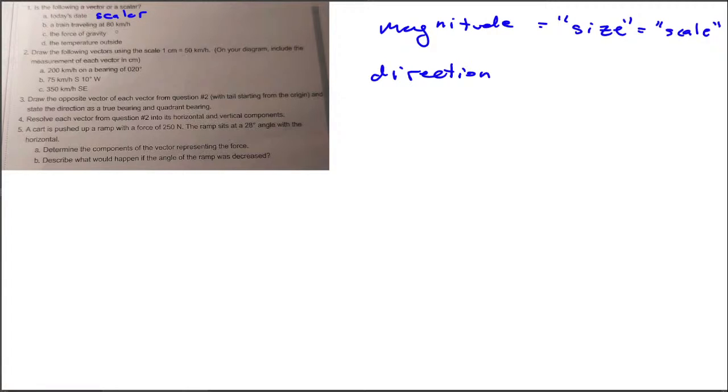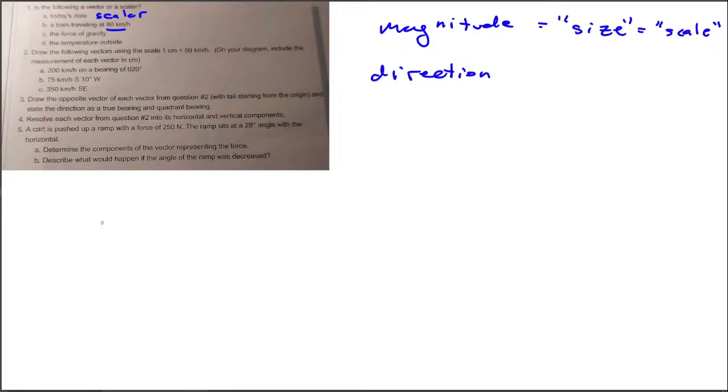A train traveling at 80 miles per hour. This is kind of a misleading question, because you have two things here. A train is neither a vector nor a scalar; that doesn't make any sense whatsoever. What they're referring to is this 80 kilometers per hour.